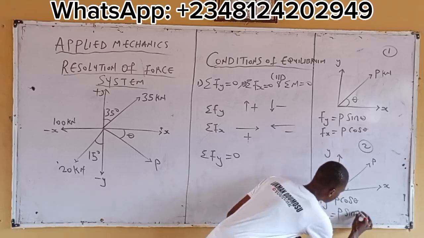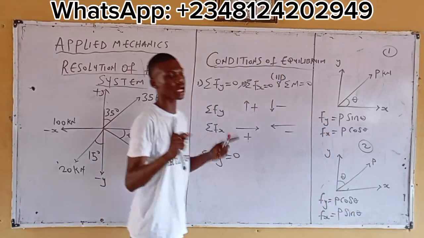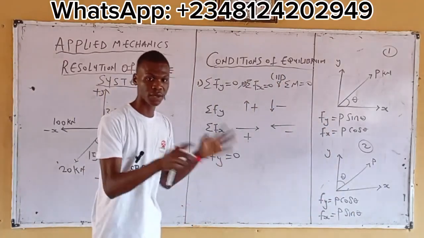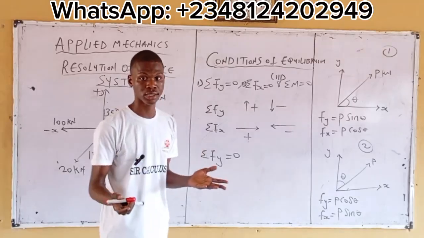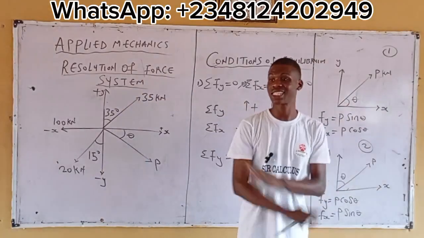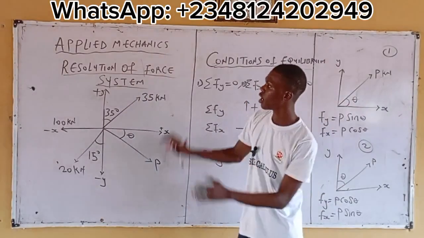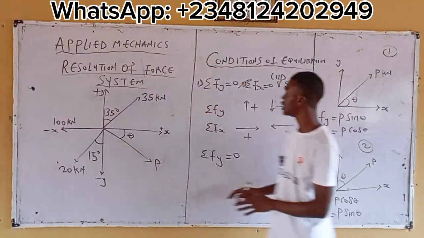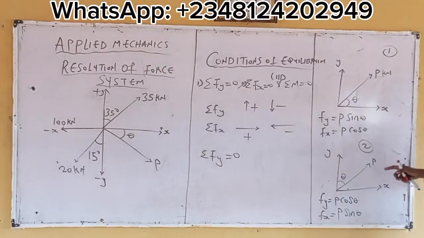P sine theta. Now compare case 1 and case 2. What's the observation? Is it correlating to what I've stated? It is correlating, right? Meaning, generally, solving resolution of force, giving a question under resolution of force, this becomes the idea. Nothing is changing. And this idea is that anywhere your angle is inclined to takes what?